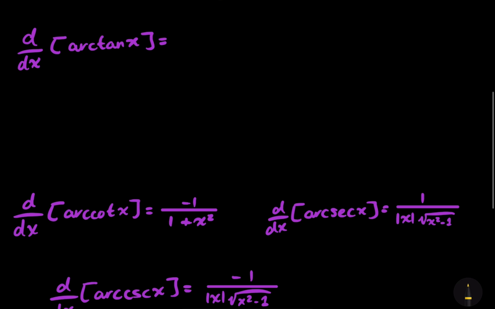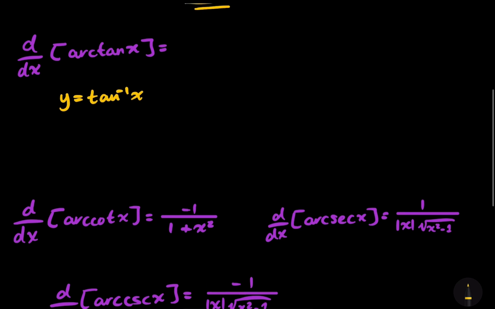With respect to arctangent of x, we're just going to use the same principle. So if we let y equal tangent inverse of x, I'm just changing notations over here, then we'll end up with tangent of y is equal to x. We can take the derivative of both sides, and we'll end up with the derivative with respect to x of tangent of y. This is, again, a composition of functions.